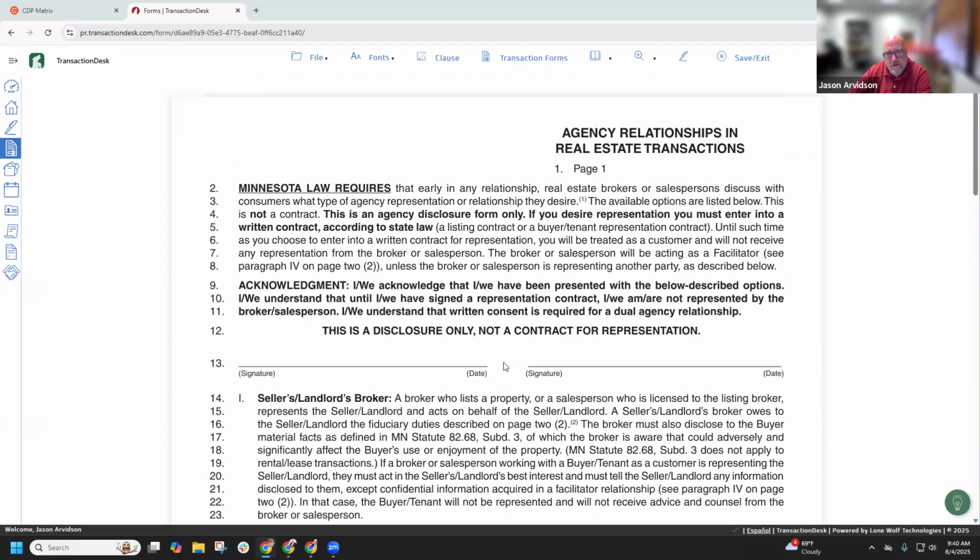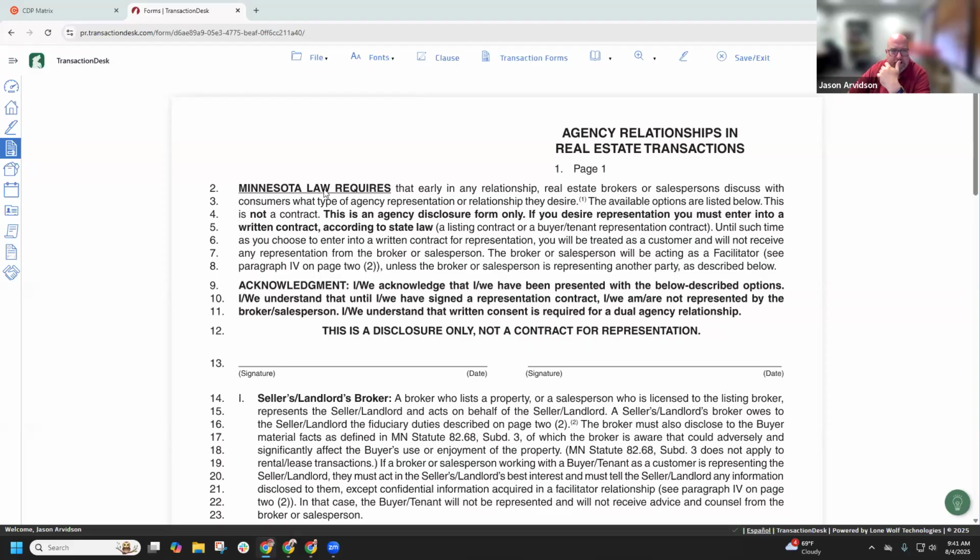And again, agency is the one form that we talk about probably more than most other forms, because one, it goes with every transaction, and two, it is a disclosure that we give to anybody who is interested in some sort of discussion about real estate.